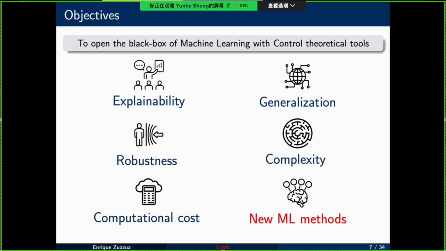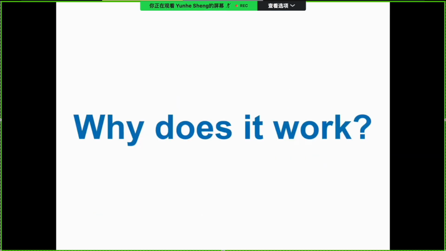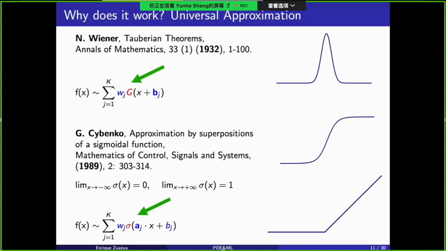The opinions need to be based on clear arguments, proofs, methodologies in order to be taken into consideration. In that sense, explainability is very important. The robustness of the methodologies, the computational cost, the generalization, the complexity, all these are very important topics that deserve some mathematical attention, and that might probably contribute to the development of more advanced methodologies.